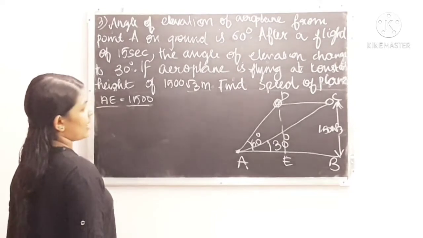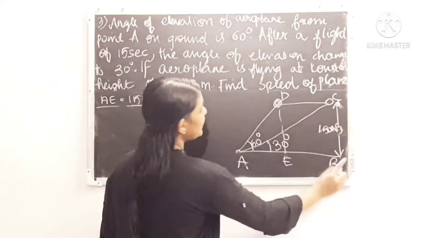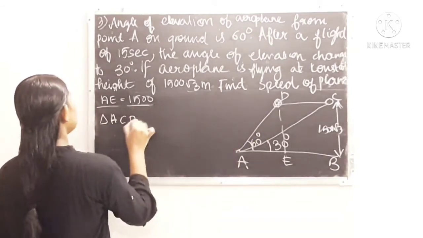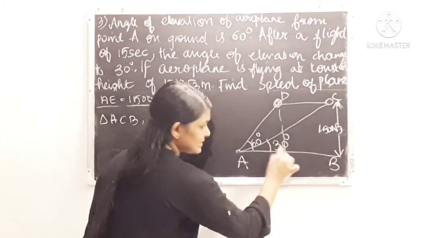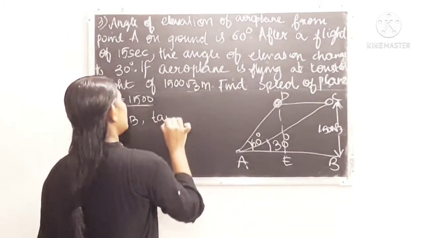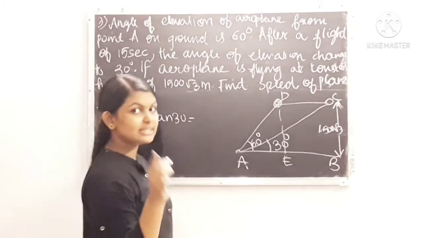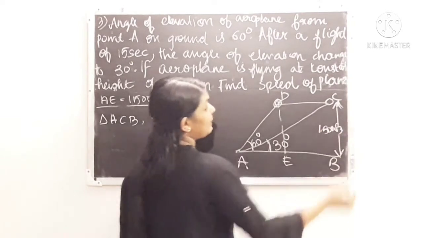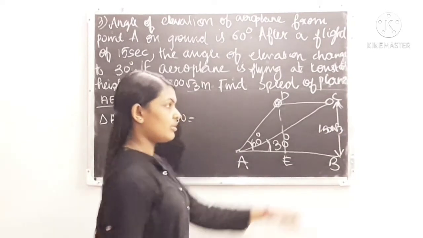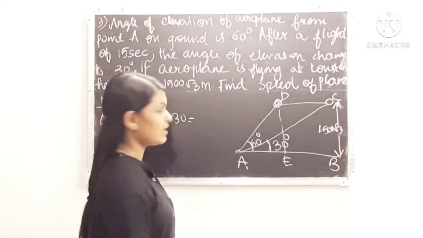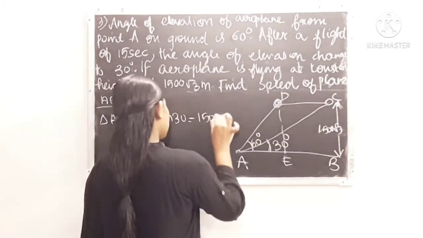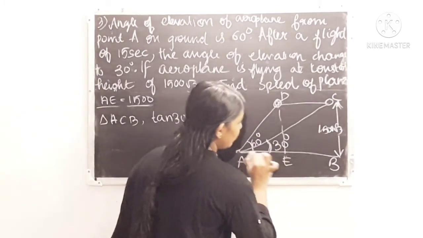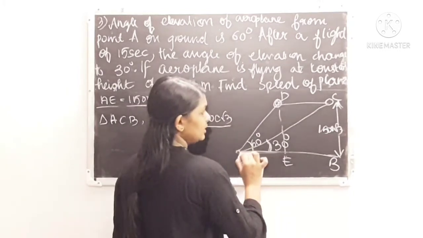Now we can consider the next triangle, the triangle ACB. We know this angle as 30 degrees. So we can write tan 30 equals opposite side divided by adjacent side. With respect to this 30 degree angle, CB will be its opposite side, whose value is already given in the question as 1500 root 3, divided by the adjacent side. The adjacent side of 30 degrees will be AB itself, because we are considering the triangle ACB.